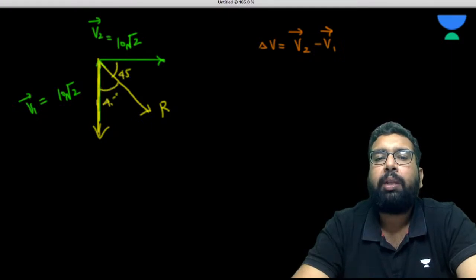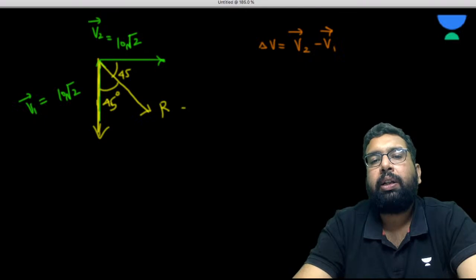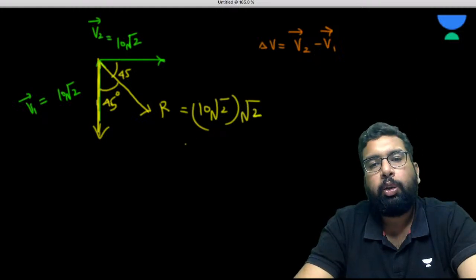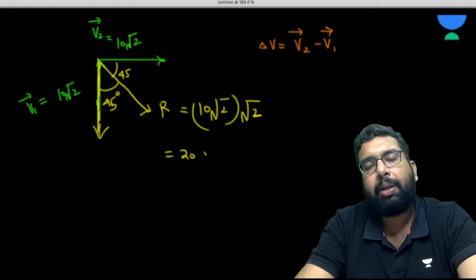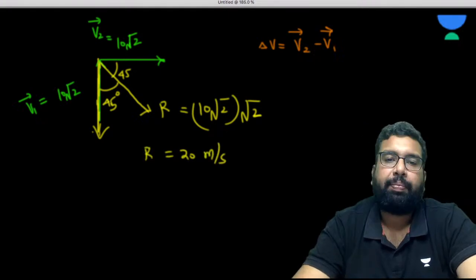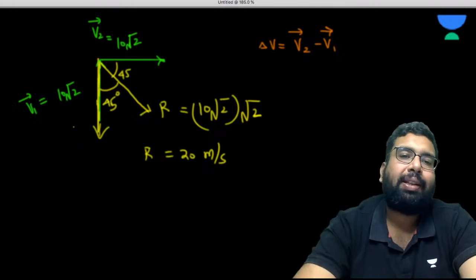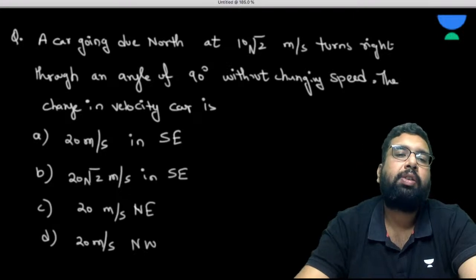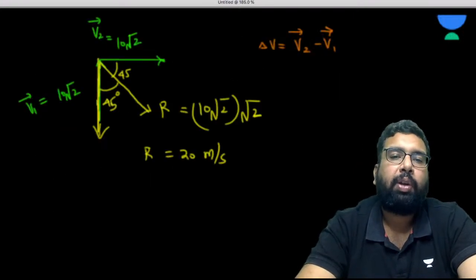And what is going to be the resultant, sir? We did it many times. Each of the vector multiplied by root 2. So the vector is 10 root 2 multiplied by root 2, so this is going to be 20 meter per second. You can apply the formula also, you are going to get the same thing. But what is the need, sir, when we can do it fast? And I hope if you have watched the last session, you will get what we are doing here.